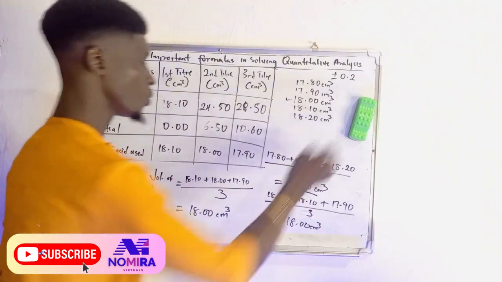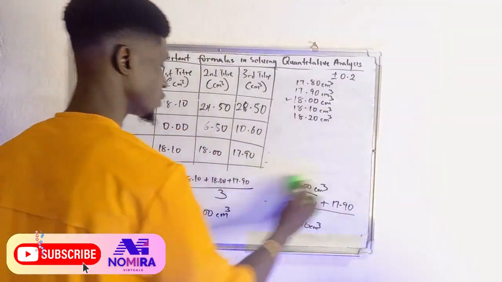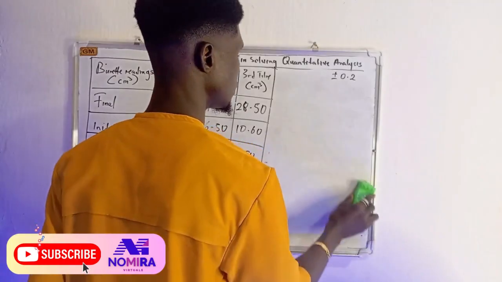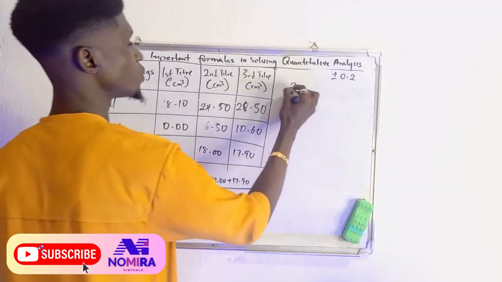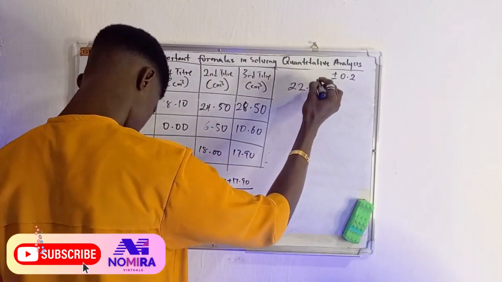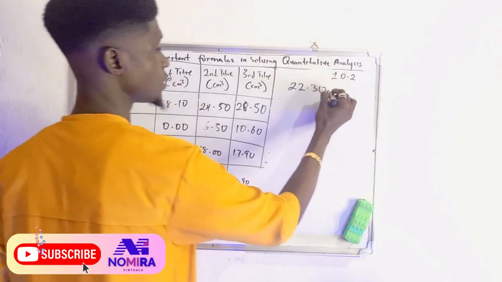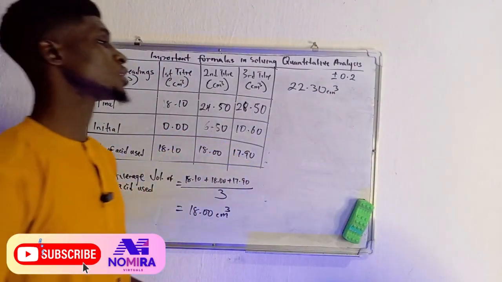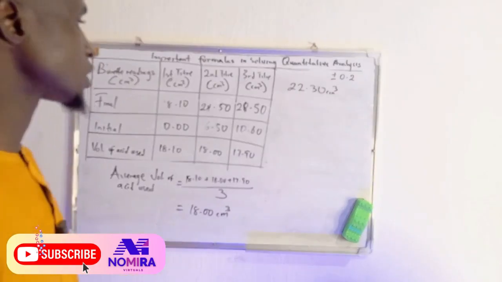Okay? So what if your teacher submitted, let's say, 22.30 cm cube. 22.30 cm cube is what your teacher submitted.